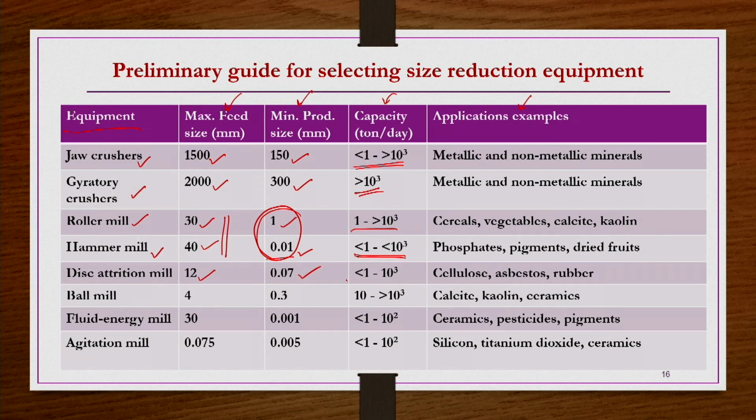The capacity is again less than 1 to 1000 tons per day. The material applications in general where we use disc attrition mills are cellulose, asbestos, rubbers, etc.